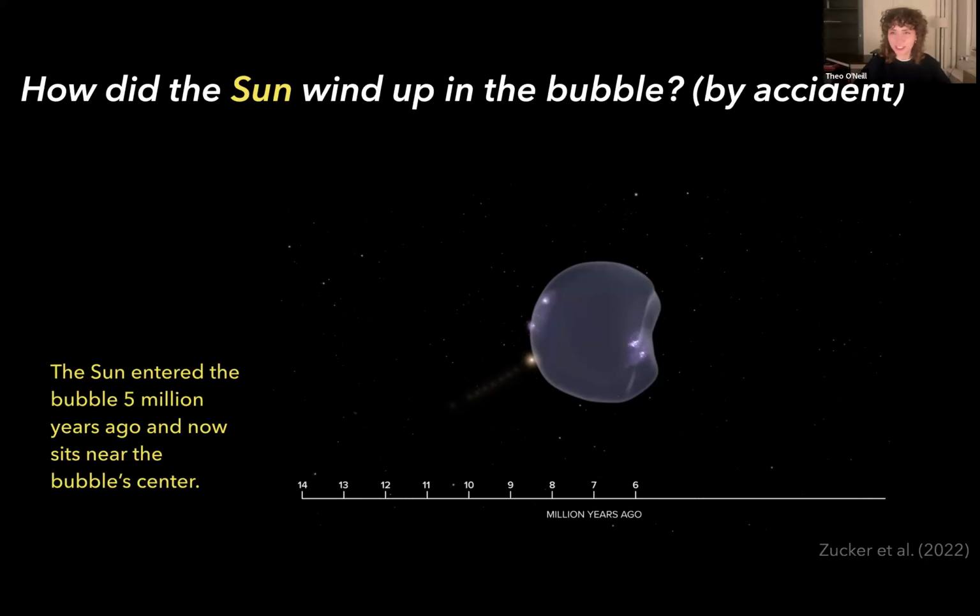When we compare the time scale of the local bubble entering into this dense shell about 5 million years ago to the geological record on Earth, the rate of supernova created isotopes in the Earth's crust, we see peaks in the geological record at just about the same times that the sun would have passed into this local bubble shell, which is pretty cool independent evidence for this sort of transit.